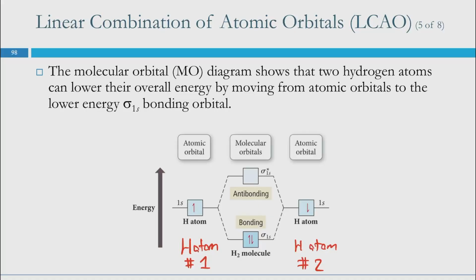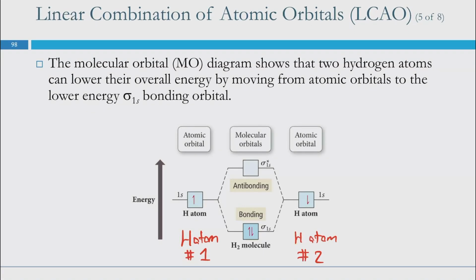So we would draw those in, and since we've got our orbital diagrams from our atoms, we can dump these electrons into these starting from the lowest energy and filling our way up. In this case, both of our electrons fit into the bonding orbital.